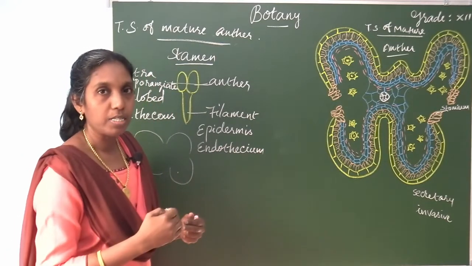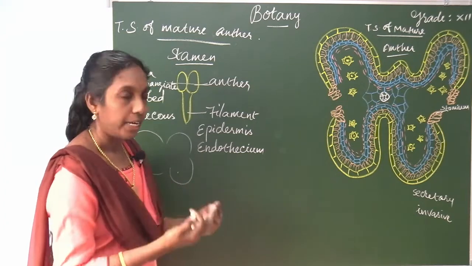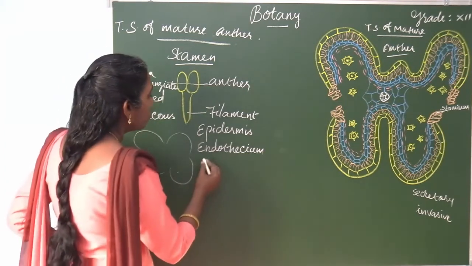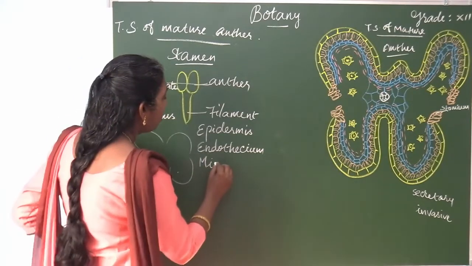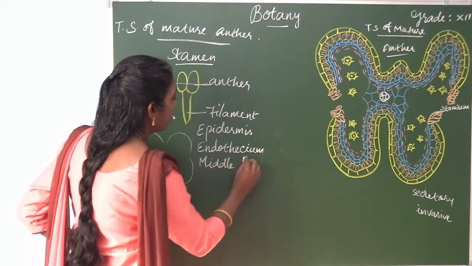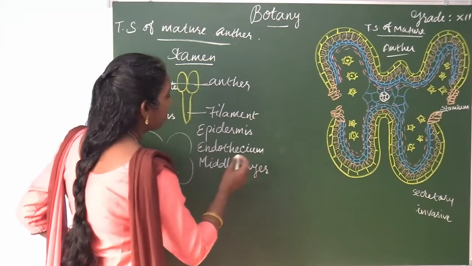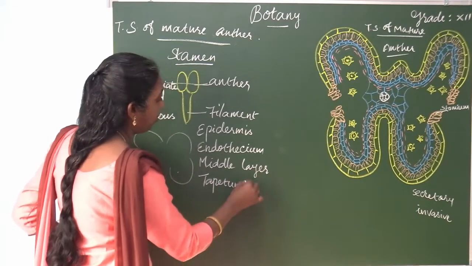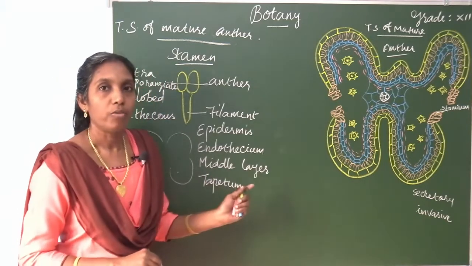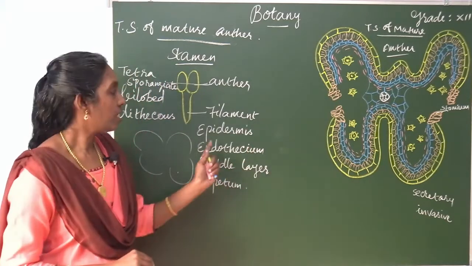Inner to the epidermis there is a layer called endothecium. Then inner to endothecium there are 2 to 3 layers of middle layer, and the innermost layer is called tapetum. Let's learn the structure of these layers one by one.